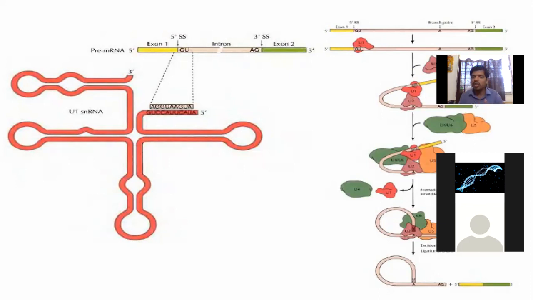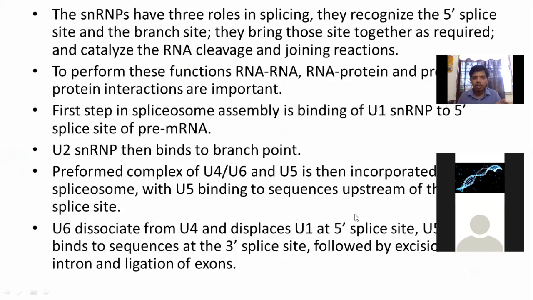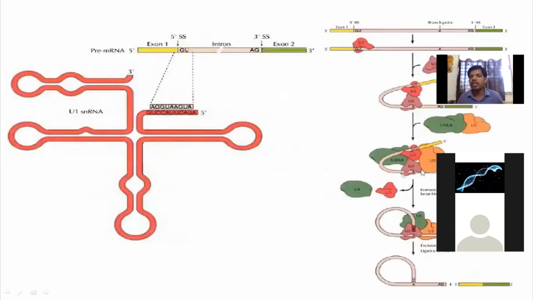After that, U1 and U4 are removed from that area, and who is remaining? U2, U5, and U6. So U2, U5, and U6 remain in that area, which is responsible for the formation of a layered structure. It will cleave the intron from the exon, and again, the remaining splicing machinery will be released from that area.